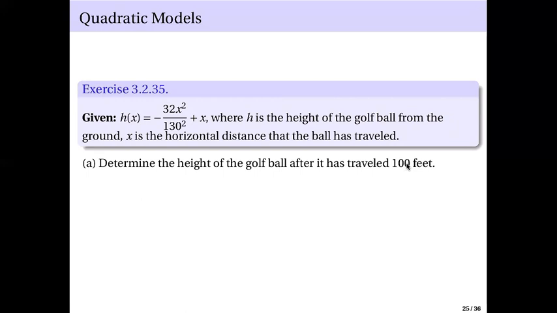So roughly, if this is the ground, this is the starting point of the golf ball, and this point is your 100 feet.